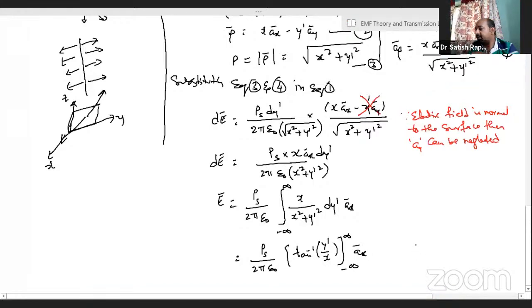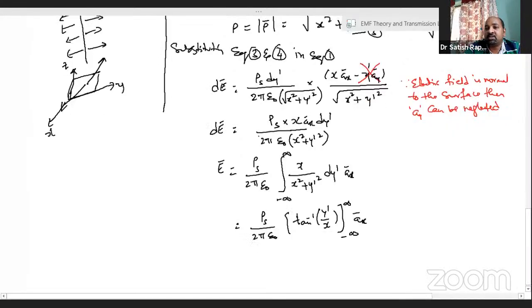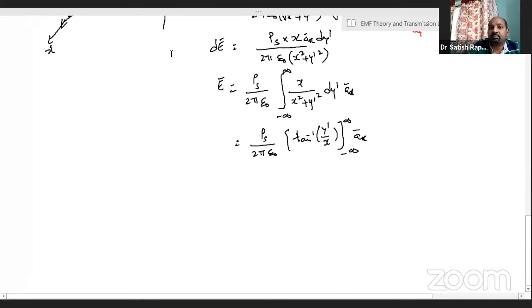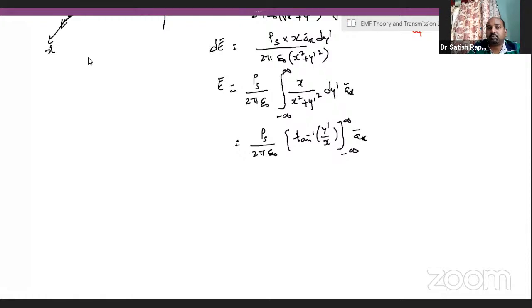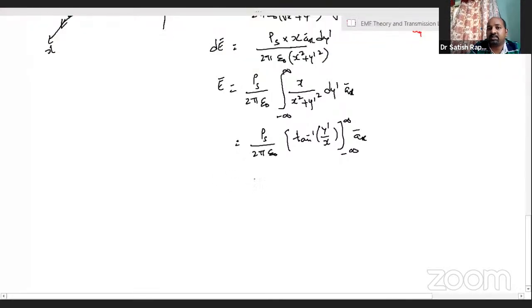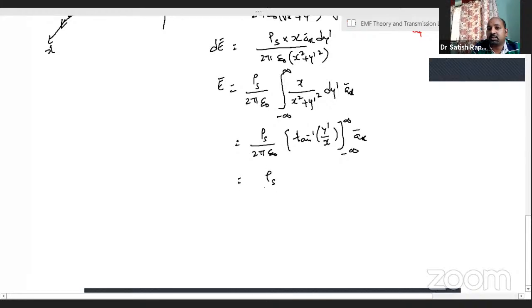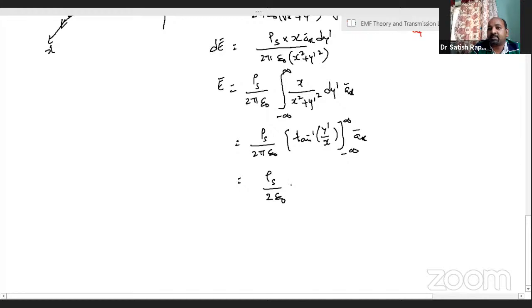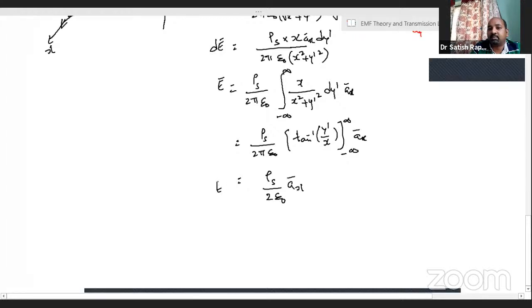So let me confirm whether it is this, and integrating and substituting the limits, and if you simplify this, you will get rho s by 2 epsilon ax bar.